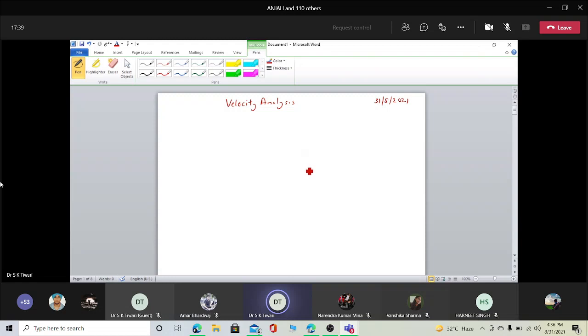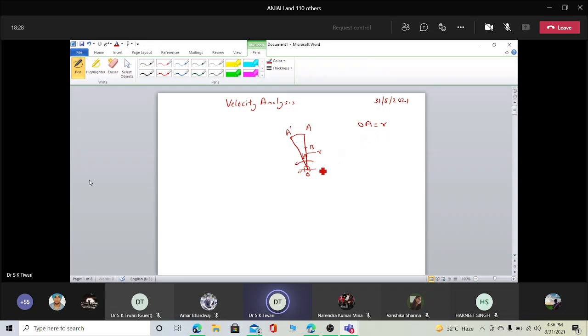Suppose you are having a link OA of length equivalent to small r.